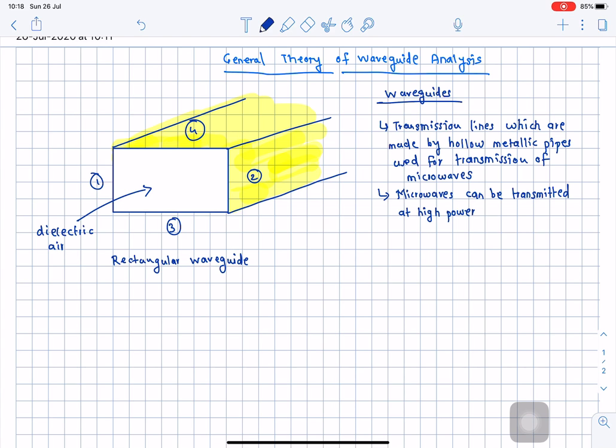We'll come to that particular point later on. For the time being, you just understand that a waveguide is a transmission line used to carry the microwave signal from one end to another at a high frequency, and it is constructed using a metallic pipe which is hollow in nature, right?